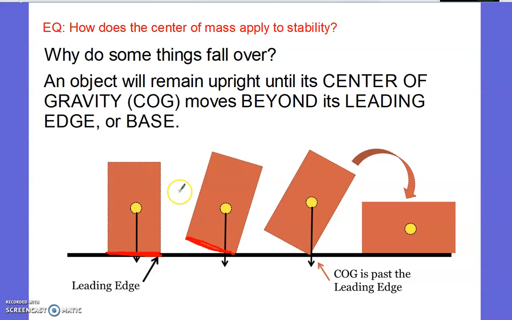Instead, it will go back to the way it used to be. However, here's the point of no return. At this point here, the center of gravity moves beyond that base. And once it moves beyond the base, or leading edge, the edge, the corner, then it tips over and falls.